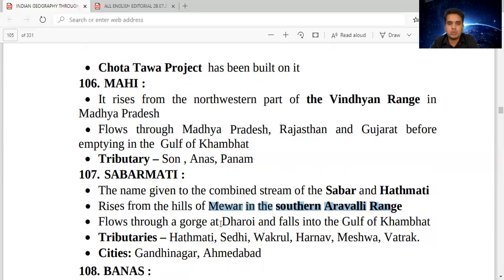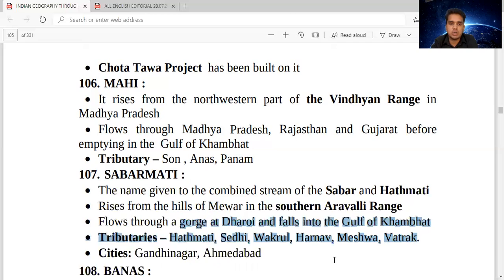It flows through a gorge, meaning khaai, at Dharoi and falls into the Gulf of Khambat. Tributaries are Hathmati, Sedhi, Vakrul, Harnav, Meshwa, Vatrak.